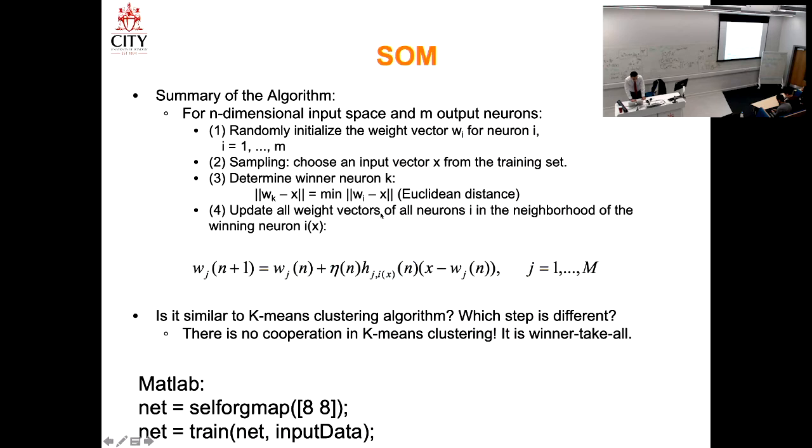Update all weight vectors of all neurons i in the neighborhood of the winning neuron ix. So in this case, not only the winner is updated, all other neurons are updated. But the ones that are far away, they have a big distance, they are going to be updated much, much less. Sometimes this may be even 0. So you don't update those. They are just what they were. As you can see, it is very similar to k-means, but it is not winner take all.